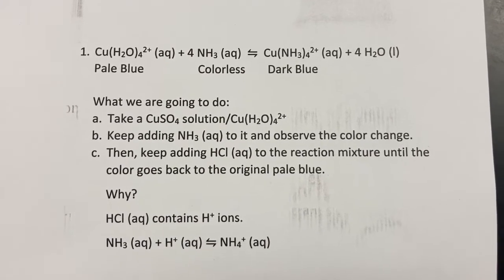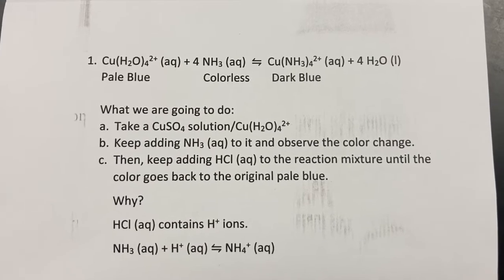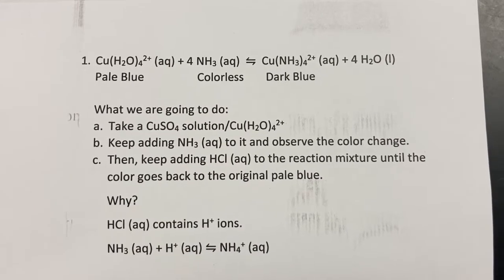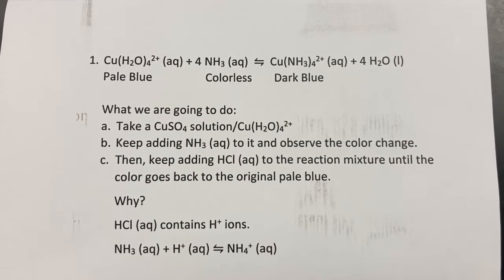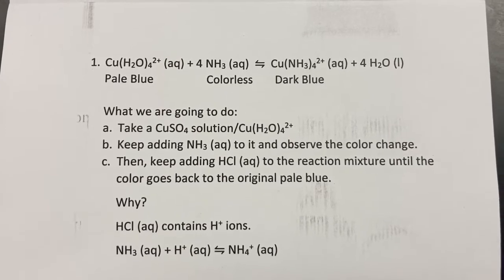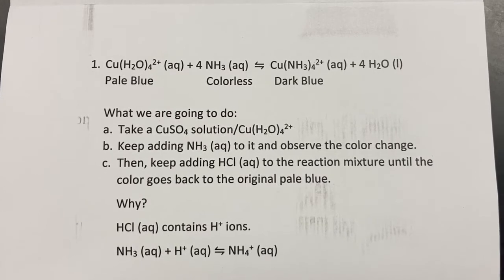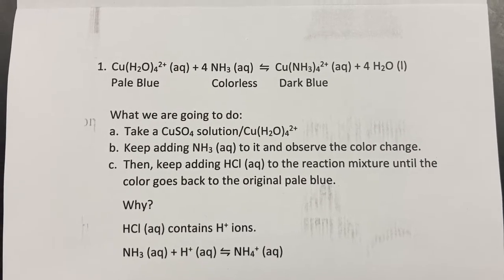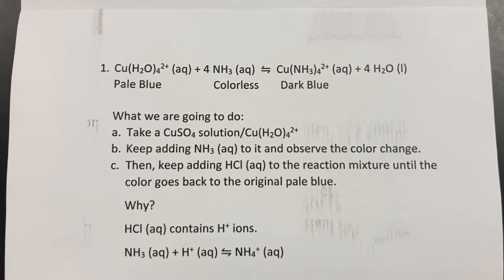Like we said earlier, if you remove something, the reaction is going to shift. So based on what we learned from Le Chatelier's principle, when you take ammonia away, the equilibrium is going to shift to the left. The dark blue color will disappear. It will become pale blue again. So that's what we're going to do in this lab.